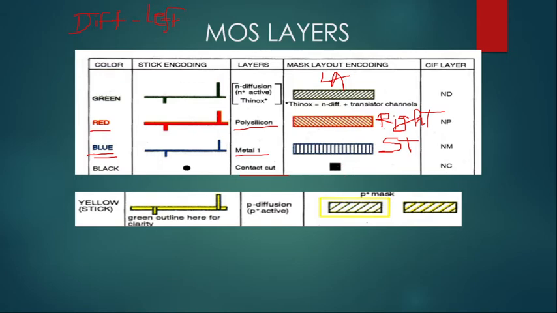Now we are done with N diffusion. Next comes P diffusion. See, N diffusion means what? You are diffusing electrons. P diffusion means you are diffusing holes. The mobility of electrons is far greater than the mobility of holes.